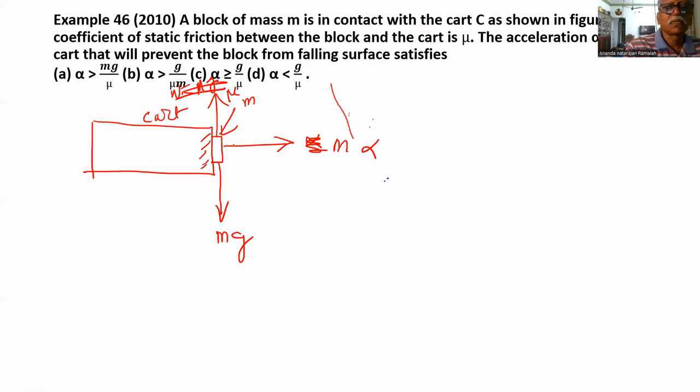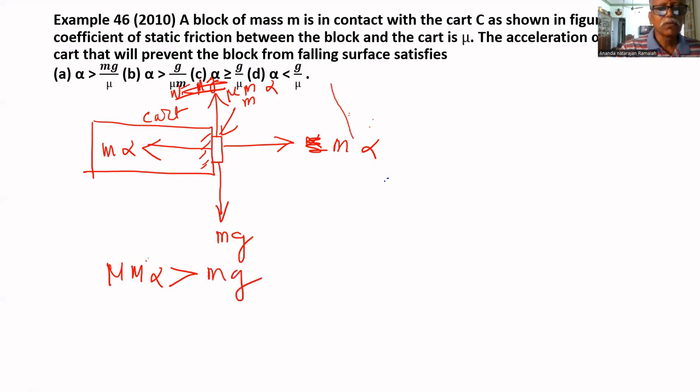The frictional force should act opposite to the downward force, so it must be mu m alpha. Now it should not fall, which means mu m alpha must be greater than mg.